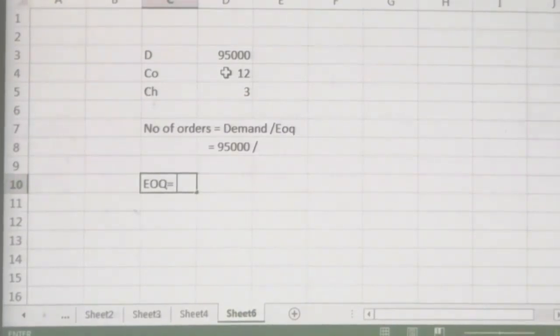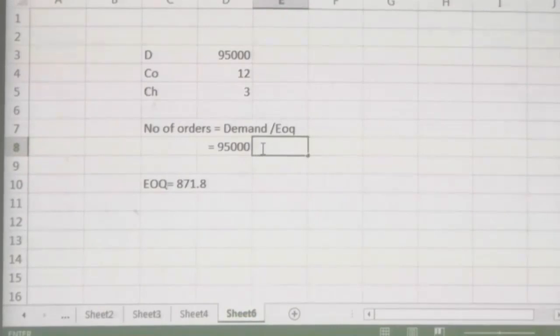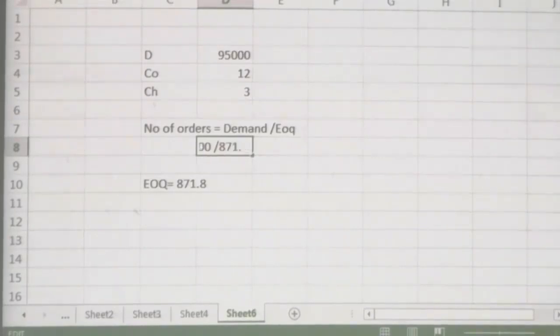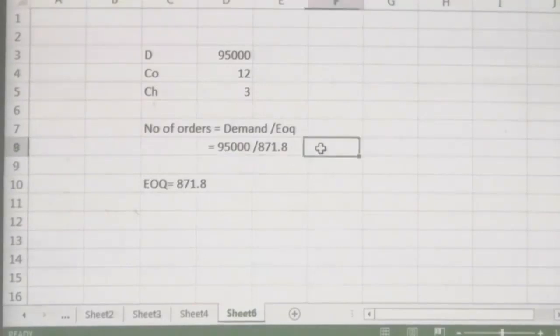Therefore, our EOQ will be 871.8, a rounded figure. Therefore, you can replace it here with 871.8. Now let's see the number of orders.